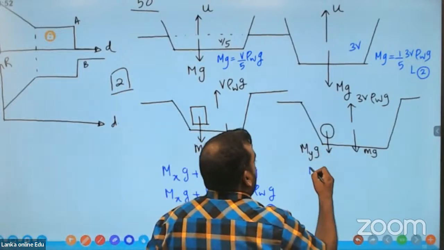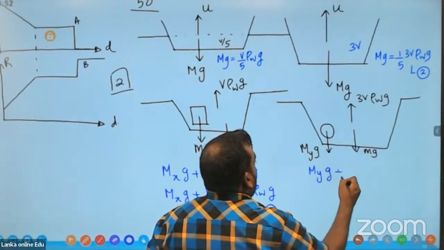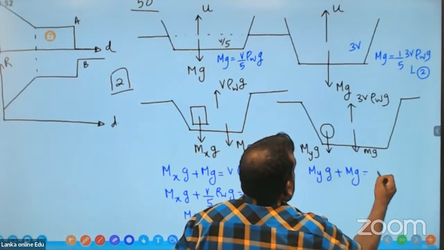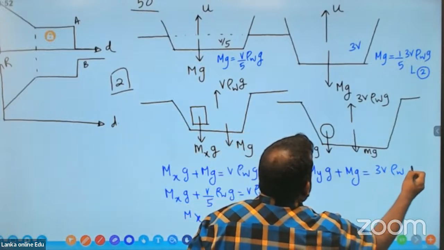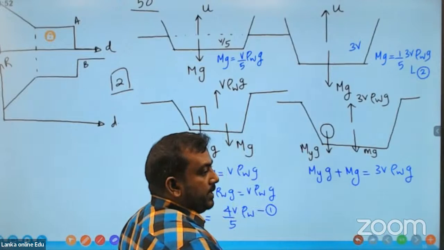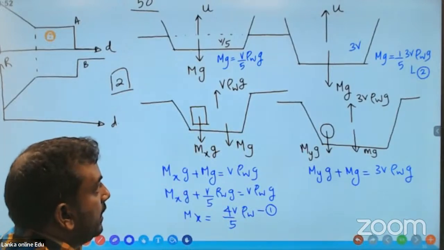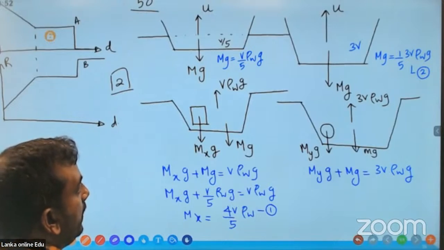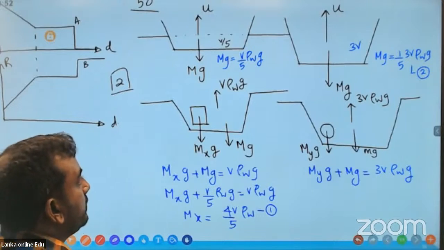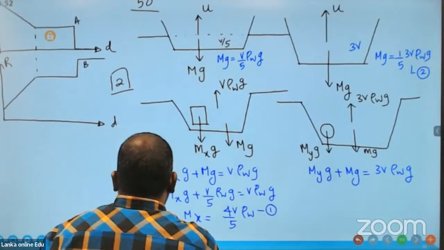Here, Myg plus the weight equals 3V rho Wg. Look at the board very carefully. Sorry, here also.